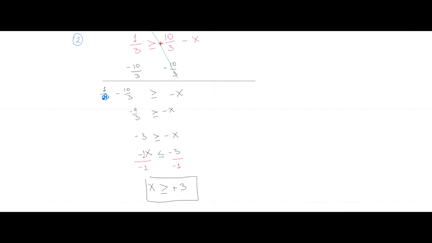Now we're going to graph it. We're going to have here our line. The number 3 is right here. Let's put the number 0 here. This is 1. This is 2. Negative numbers are here. Now, the direction for a greater than is all the way to your right side. So this is 3, down here.